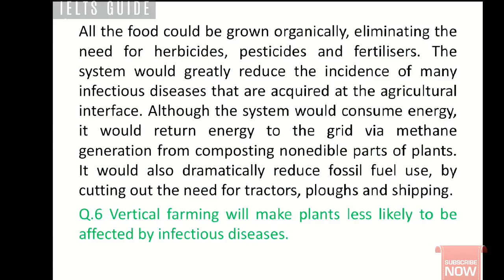Let's move to question number 6. Vertical farming will make plants less likely to be affected by infectious disease. Okay, the system would greatly reduce the incidence of many infectious diseases that are acquired in agriculture, making plants less likely to be affected by infectious disease.